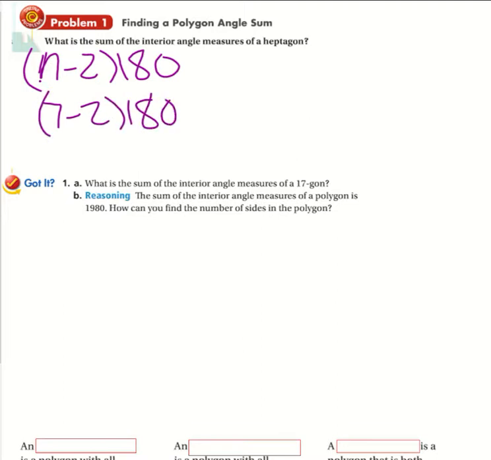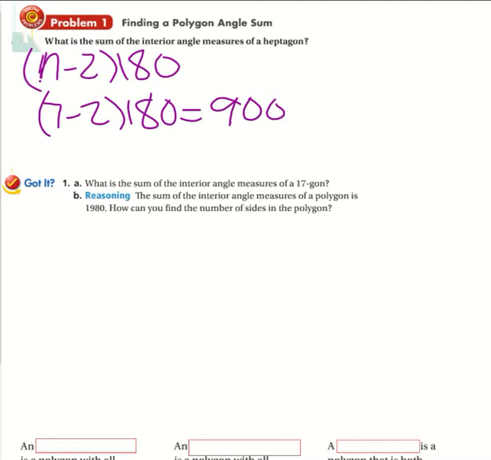Pull out your calculator, do that math, and you should get 900. So the sum of the interior angles of a heptagon is 900 degrees.